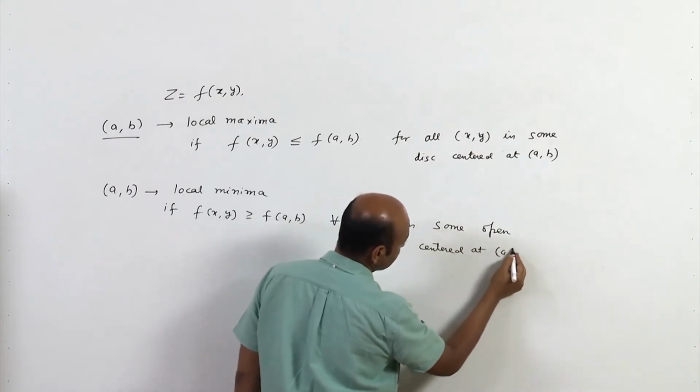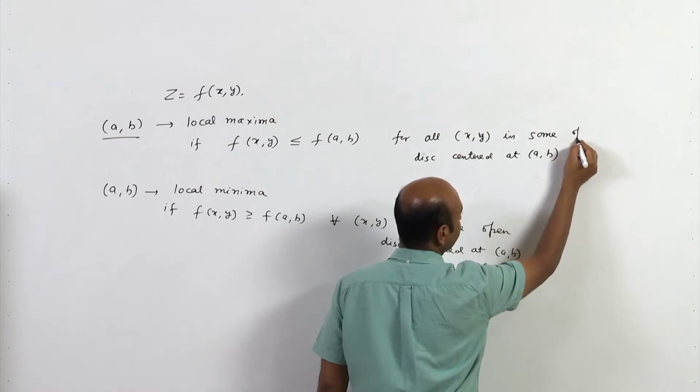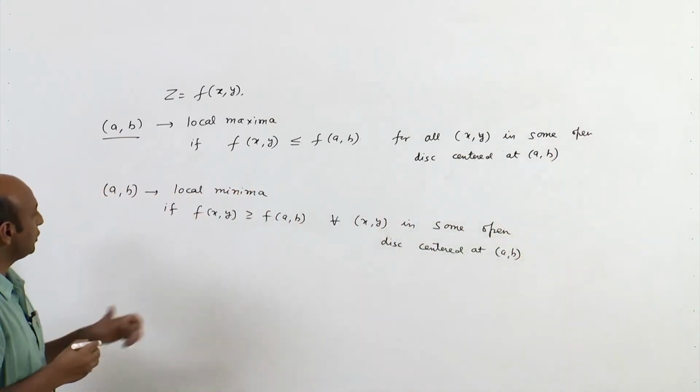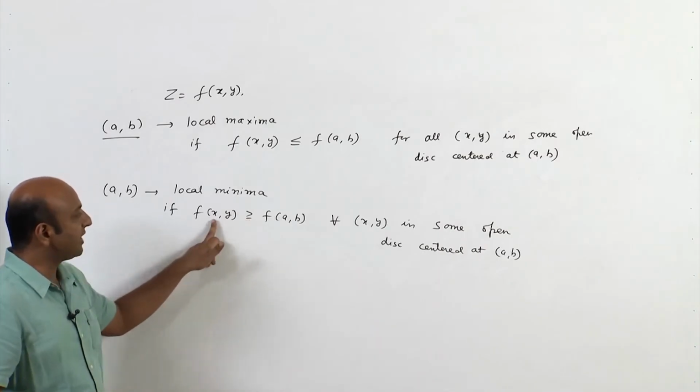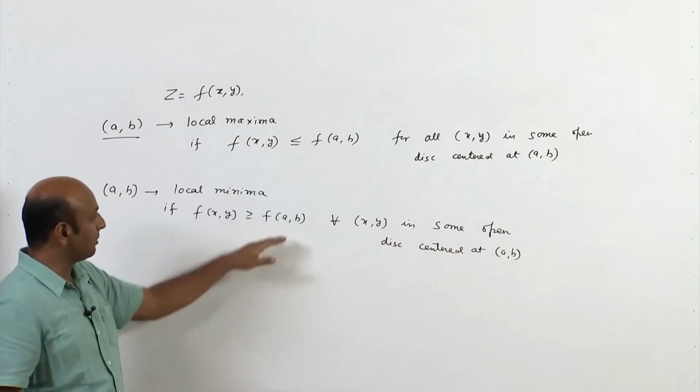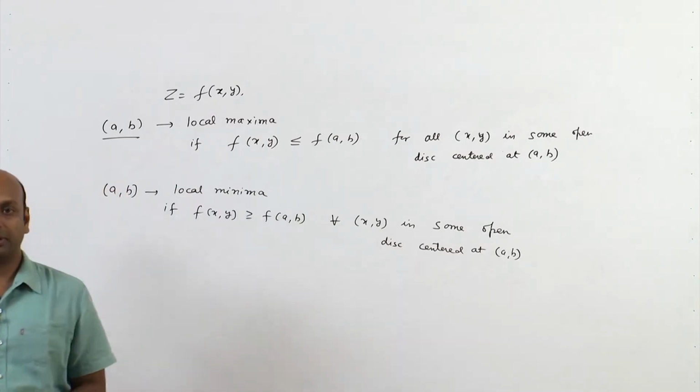It must be an open disk. So if this inequality holds for every (x, y) in some open disk centered at (a, b), then we say that (a, b) is a point of local minima.